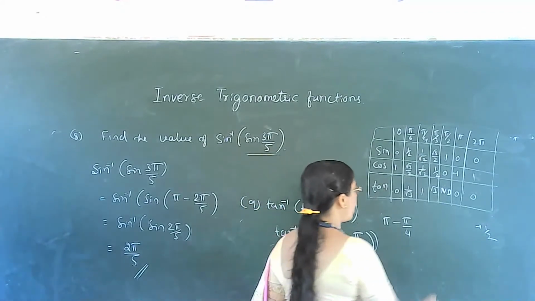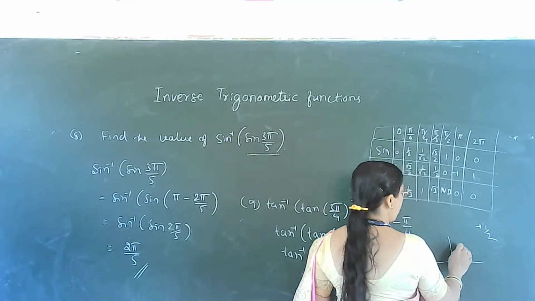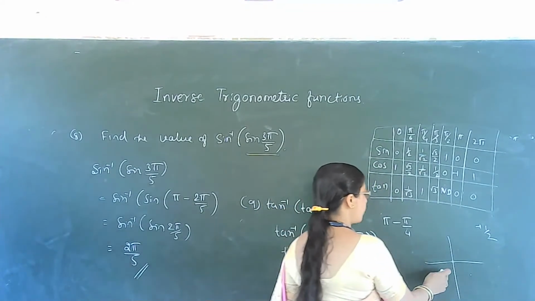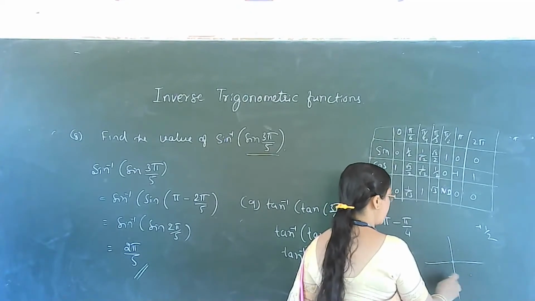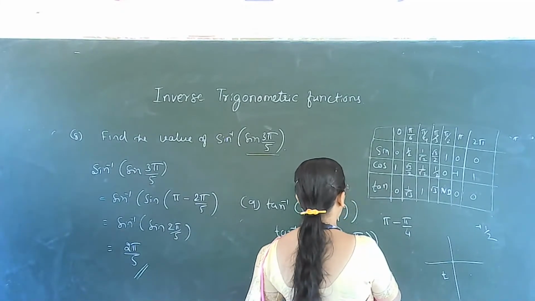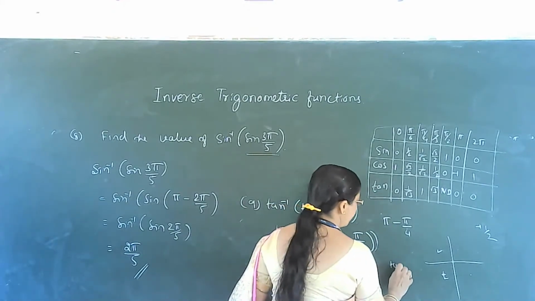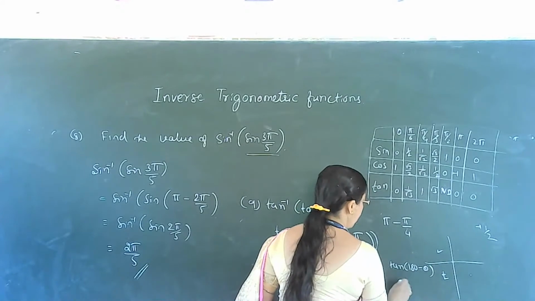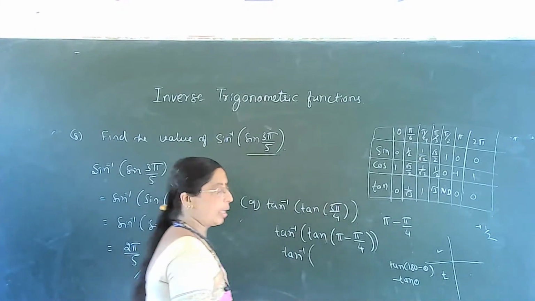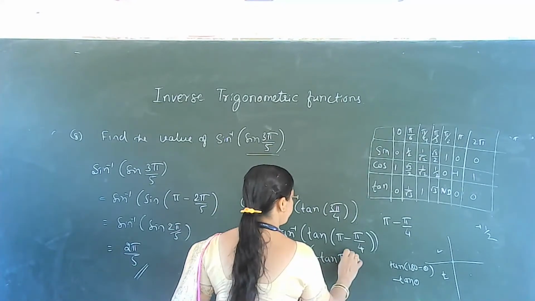Tan of 180 minus theta. Here, in the ASTC rule, all students take coaching, which I already told in the first few classes, tan is positive in the third quadrant. But pi minus pi by 4 is in the second quadrant. Tan of 180 minus theta is tan theta in magnitude, but in the second quadrant it is negative. Therefore, minus tan pi by 4.